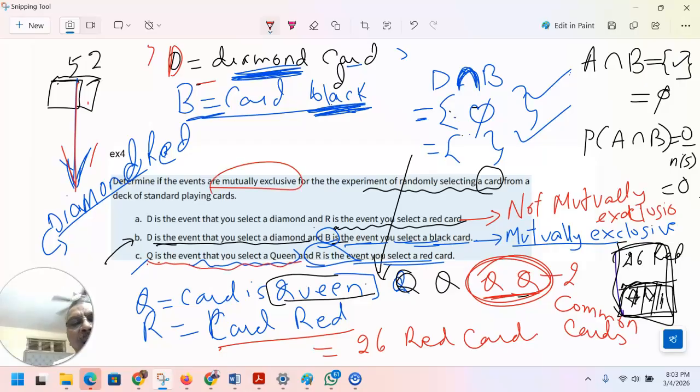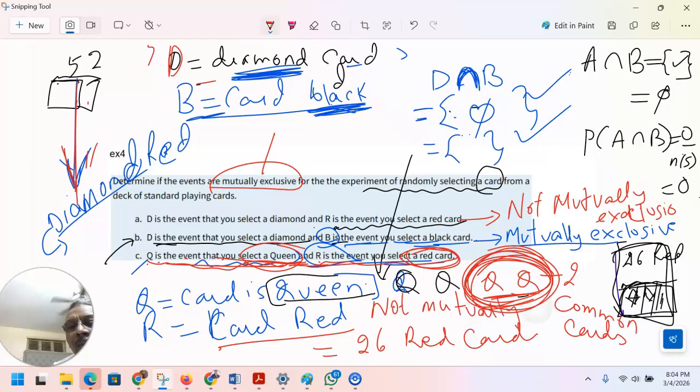It means, when you pull a card and it is a queen, can it also be a red card? Yes, there are two cards which are queens and also red cards. So that's why these are not mutually exclusive.